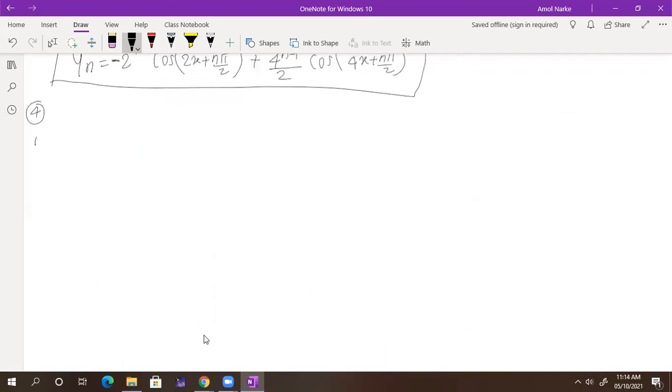So if y is equal to x plus tan x, then show that cos square x into d2y by dx square minus 2y plus 2x is equal to 0.